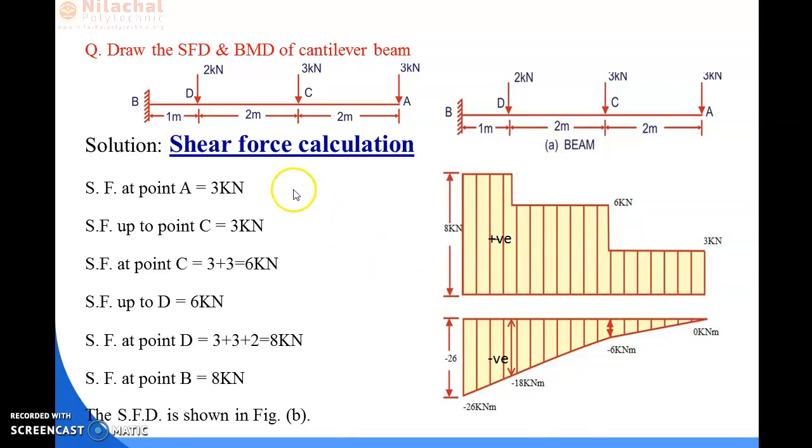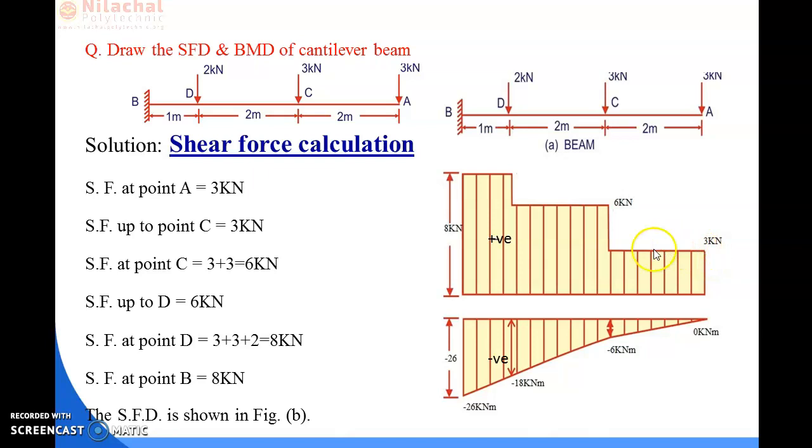All the shear force values are positive because we considered the right side of the section and the direction of the loading is downward, so we take the value as positive. So at point A, the value of shear force is 3 kN. So we put a point over here.